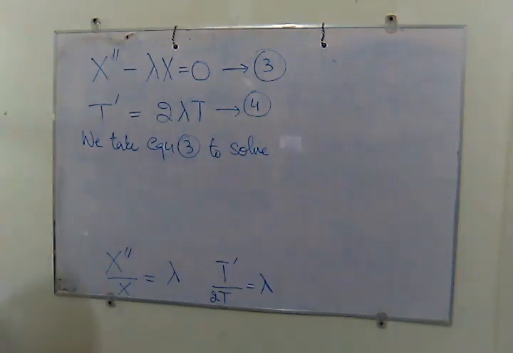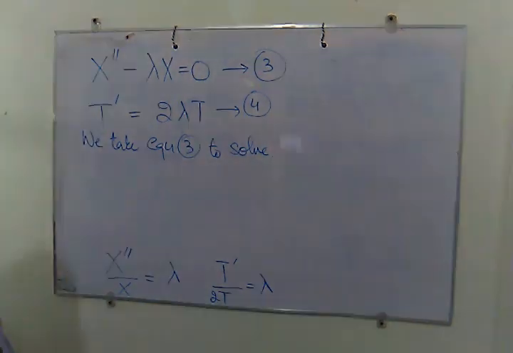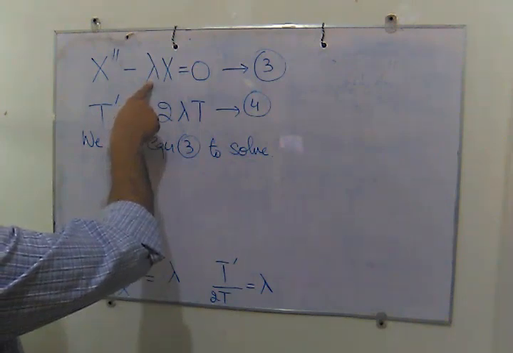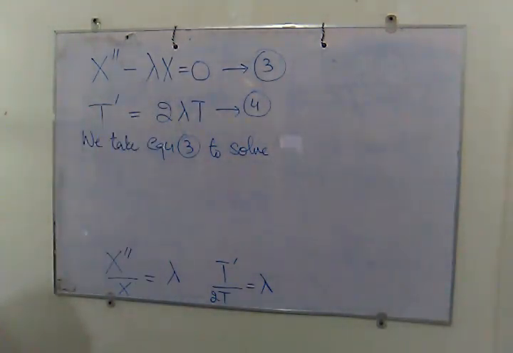However, we know that when we solve a second order differential equation, we are going to encounter 2 coefficients, and in order to find the coefficients we need the boundary conditions. The boundary conditions are given for the partial differential equation. However, this is an ordinary differential equation, so we need to find new boundary conditions.